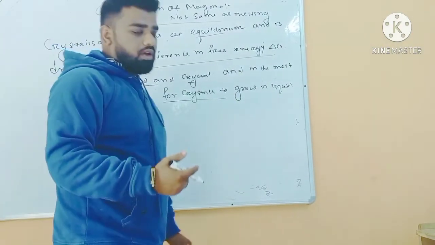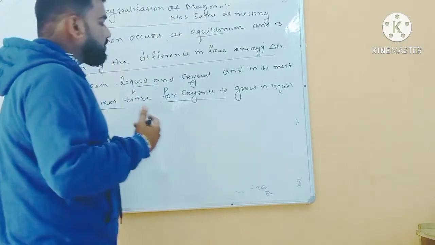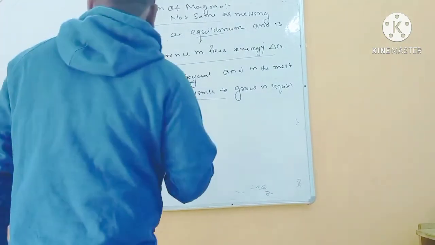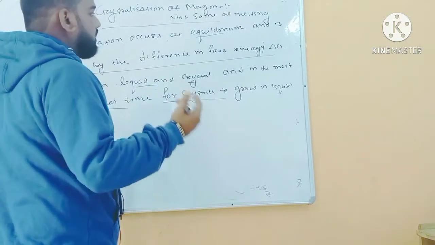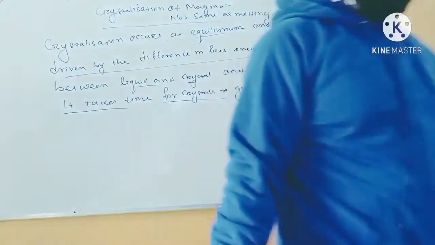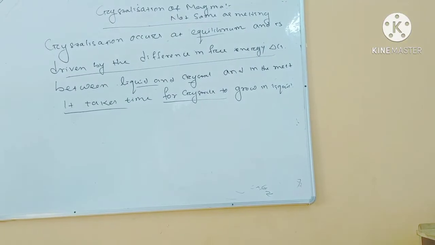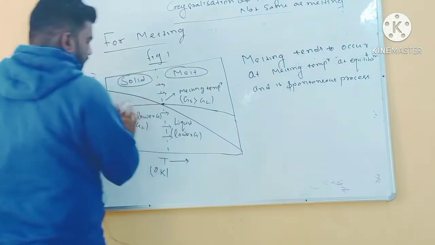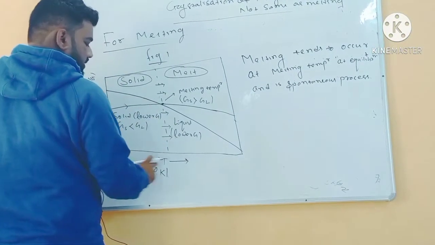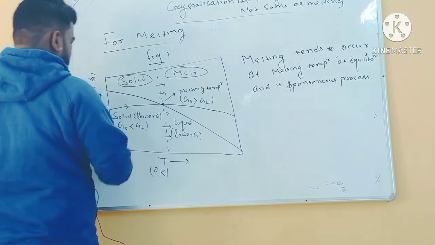So now we will look at some illustrations, that means what is the difference between melting and crystallization in the diagram. For melting, the figure will look like this, and here this is your temperature on the x-axis, and this is the free energy.